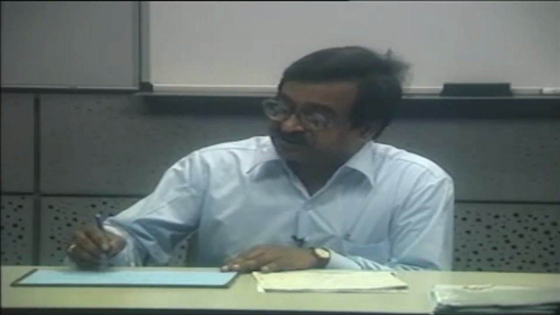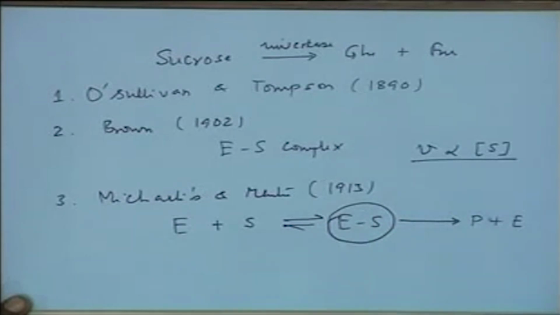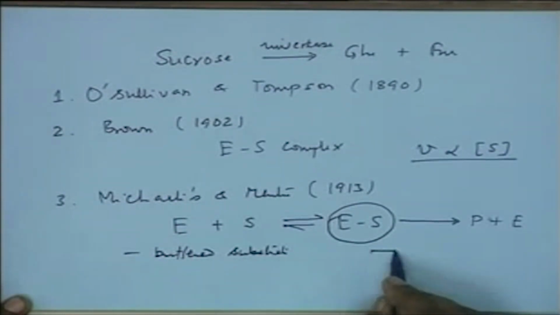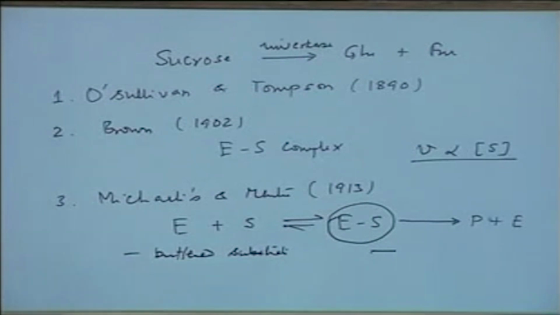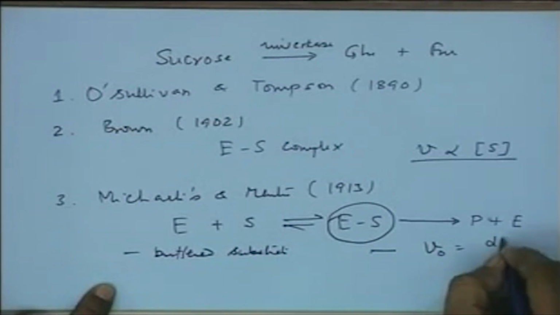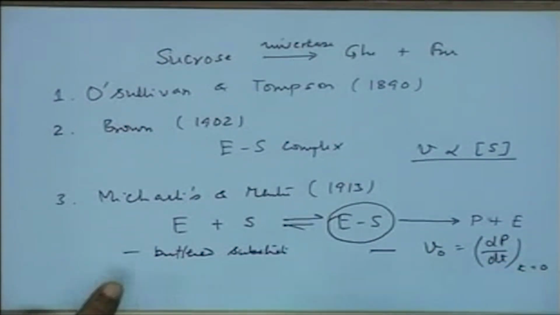So, as you notice, the first contribution was the enzyme substrate complex, the second was buffered substrate, and the third important feature was that when we talk of rate of reaction, he mentioned that we must talk only of the initial rate of reaction V0, which is dP over dt at t equal to 0, the initial reaction rate.